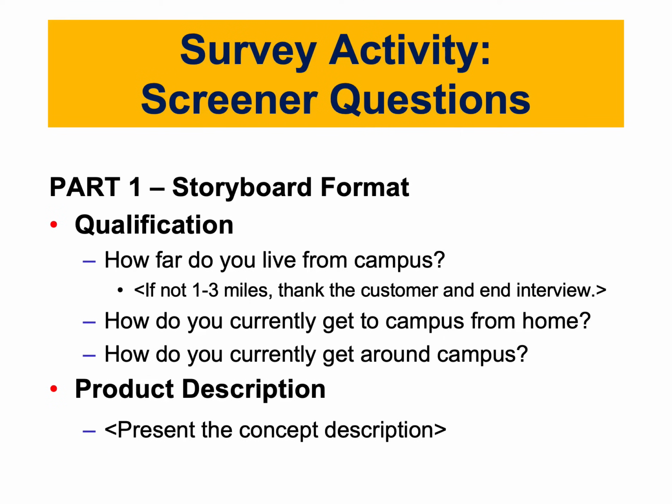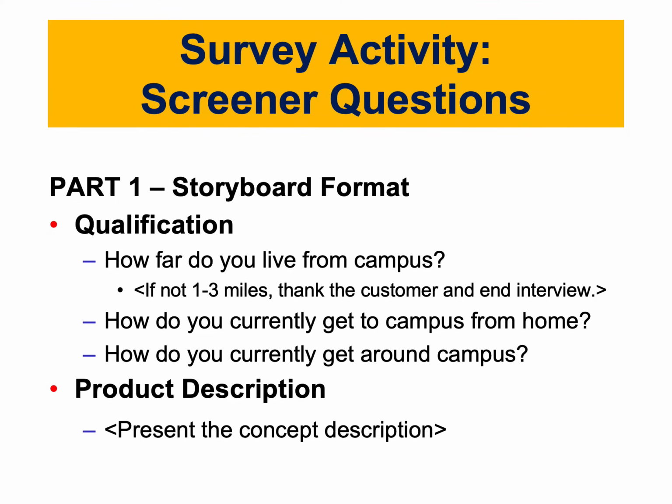We need to identify first whether the people who are filling our survey, that we are getting feedback from, are possible customers who will buy our product. So whatever survey we're using, the first set of questions in that survey should be something called screener questions.